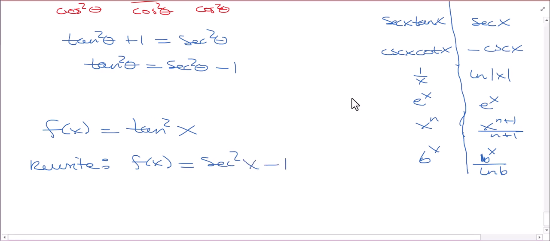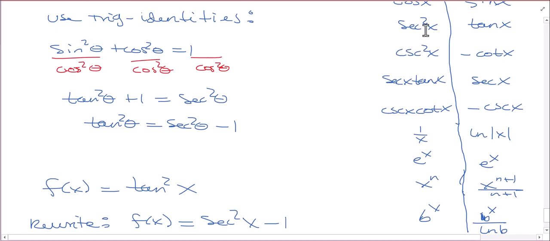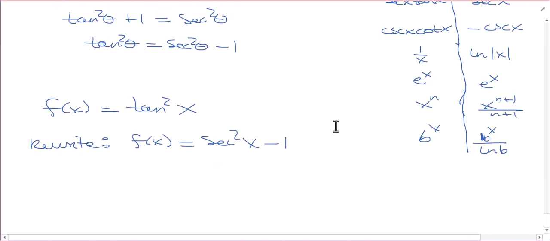And I know the antiderivative of secant square is tangent. So my antiderivative, capital F of x, will be the antiderivative of secant square, which is tangent x, and then the antiderivative of 1, which is x, and then always plus a constant.